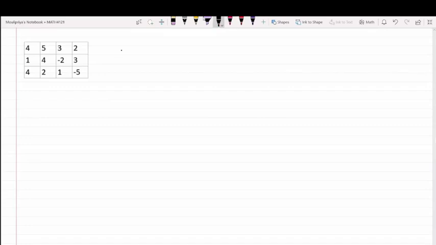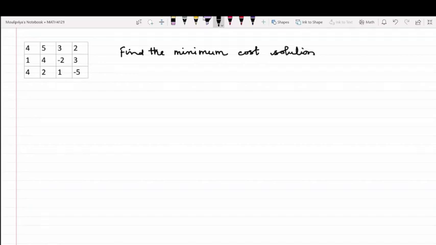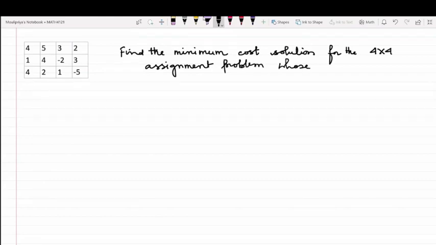So I can pose a problem like: find the minimum cost solution for the 4x4 assignment problem whose cost components are given.